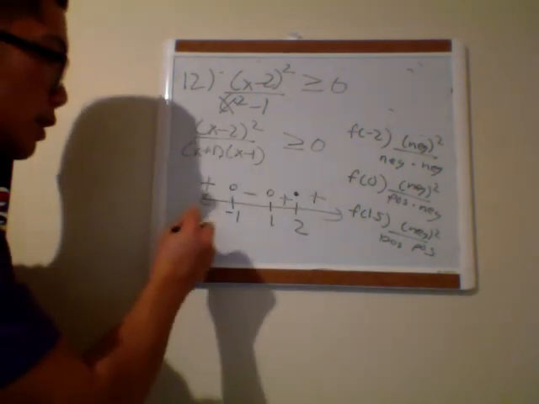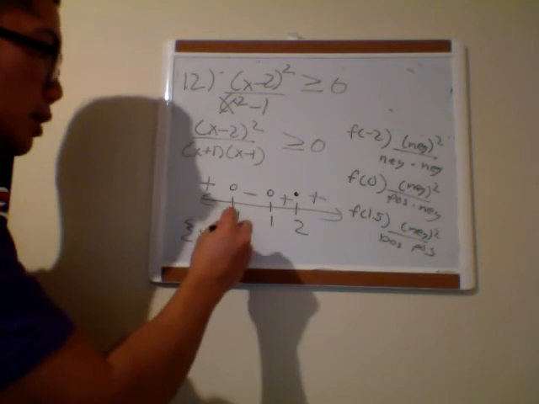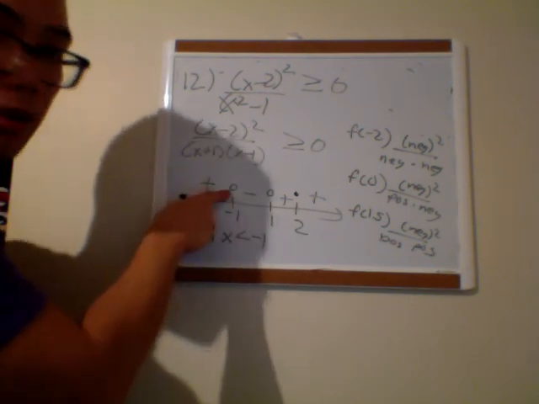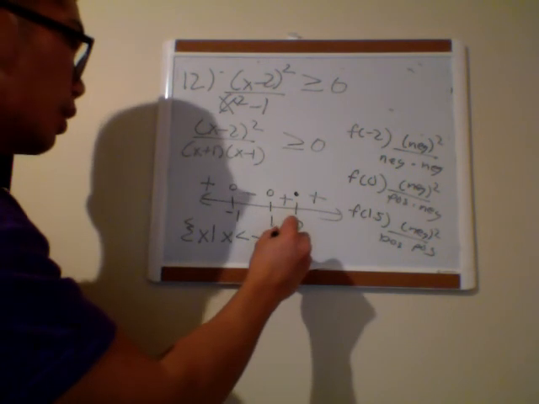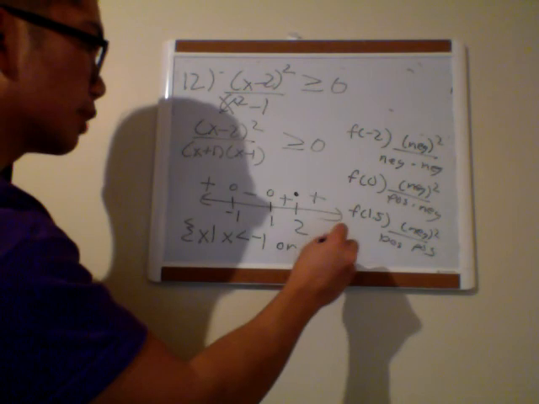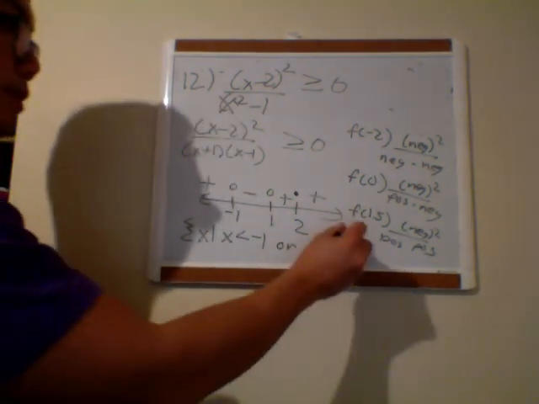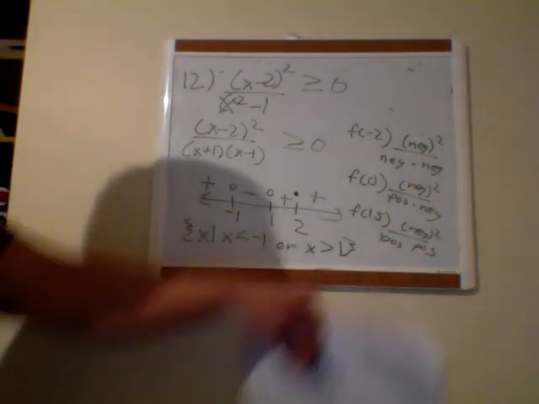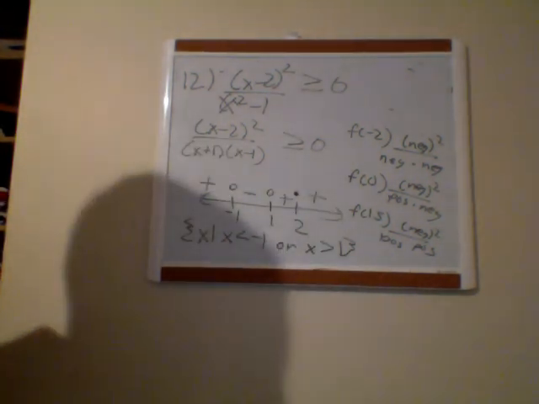So my answer here is all x such that x is less than -1. Why less than? Because I have an open dot there. Or x is greater than 1. Since both of these intervals are positive, I could just say greater than 1 and it takes care of the last interval too.